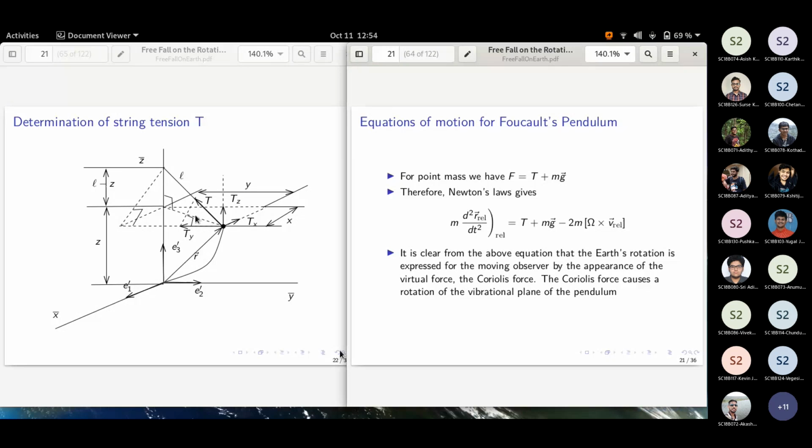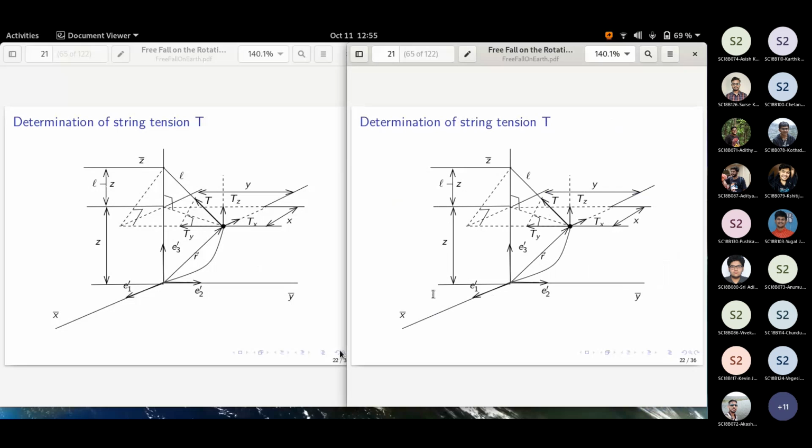From these two similar triangles, we will be drawing certain conclusions. Similarly, we can do something similar for the x-axis as well as the z-axis. Let us see what conclusions we can draw.